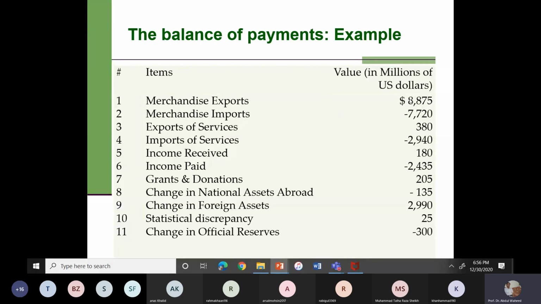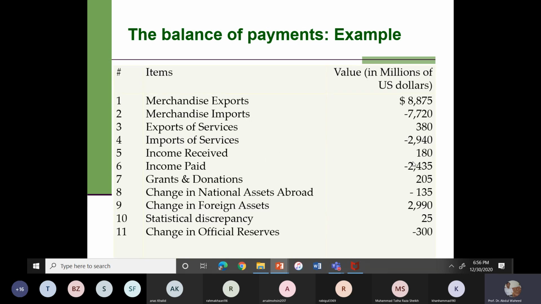This is export, so it has entered with a positive sign, and merchandise imports with a negative sign. Then export of services, because this is export, it will result in receipt. Then imports, negative.